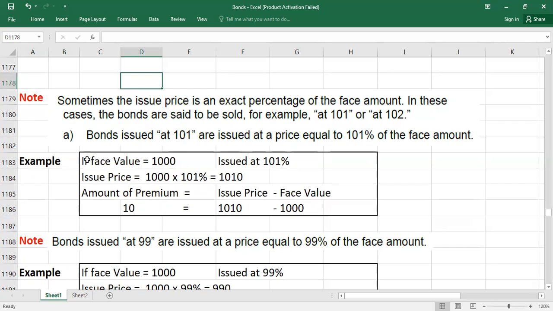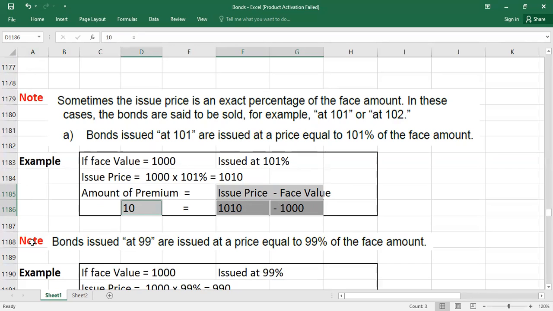If face value is 1000, I'm assuming, and it is issued at 101%, I can calculate the issue price by taking face value, 1000, multiplied by 101%. So in dollars I will get $1010. Now if I want to calculate the amount of premium, I take issue price minus face value. Issue price is $1010 and face value is $1000. It means the amount of premium is $10 for each bond.